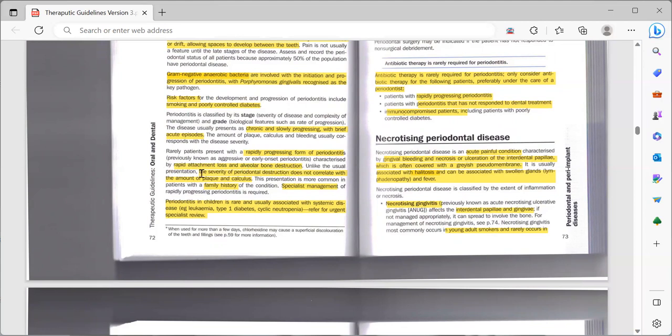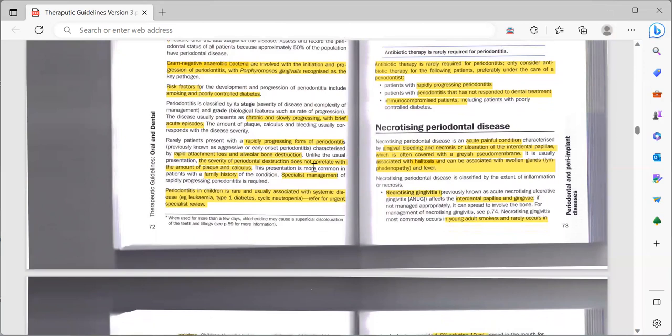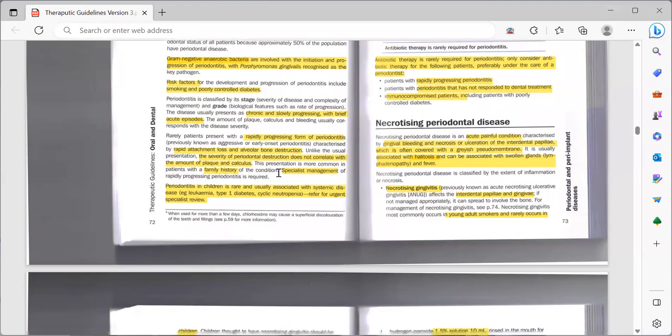Unlike the usual presentation, the severity of periodontal destruction does not correlate with the amount of plaque and calculus. This presentation is more common in patients with a family history of the condition. So it generally runs in the family. If there is any family history of gum disease, there is a high chance that the child can get rapidly progressing gum issues.